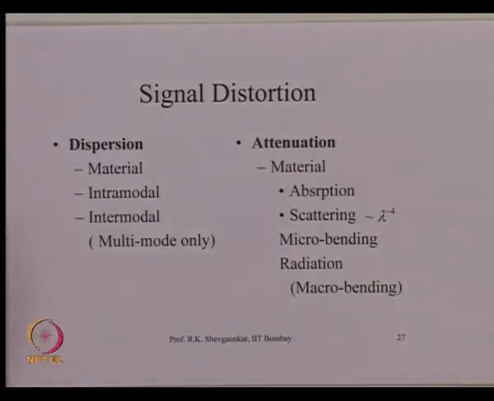In addition to that, when the fiber is put into the system, the fiber can never be kept in absolutely straight form. So, there are always some deformations on the optical fiber, which is what is called the micro bending, and there would be losses because of this micro bending.